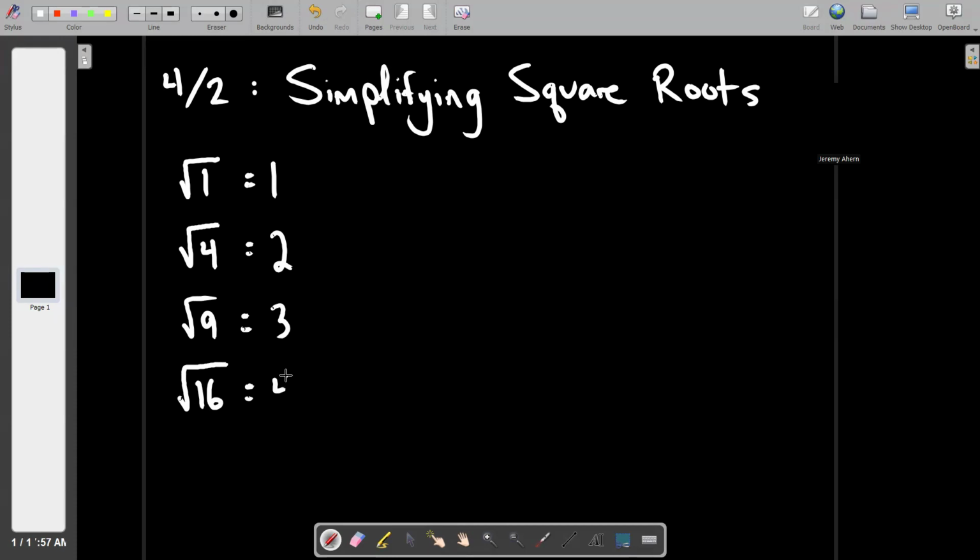So I'm going to cease with writing the notes like this. I just want to make sure you understand that some numbers can be square rooted and come out even, whereas the vast majority of numbers cannot. So what we're going to study today, first off, is the list of numbers that can be square rooted perfectly.